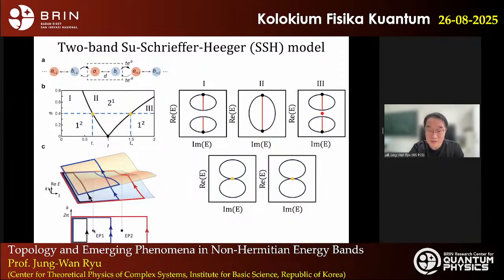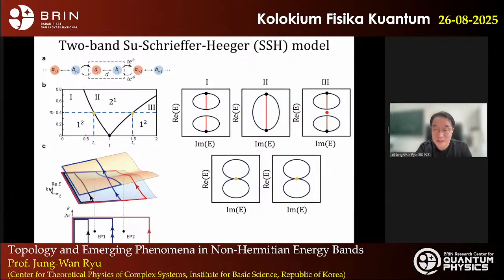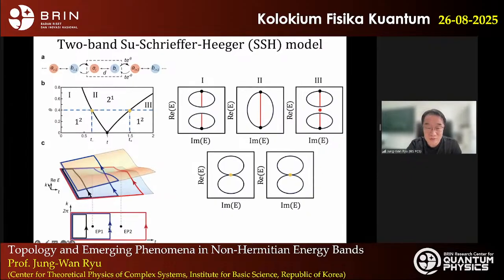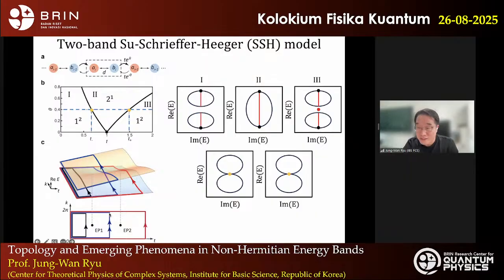It means that there are two exceptional points here, and we can encircle an exceptional point in this way. However, if we use only one K from 0 to 2 pi, we make a periodic motion. It's not encircling the exceptional points. It's just a change of K. We need just the periodic motion.